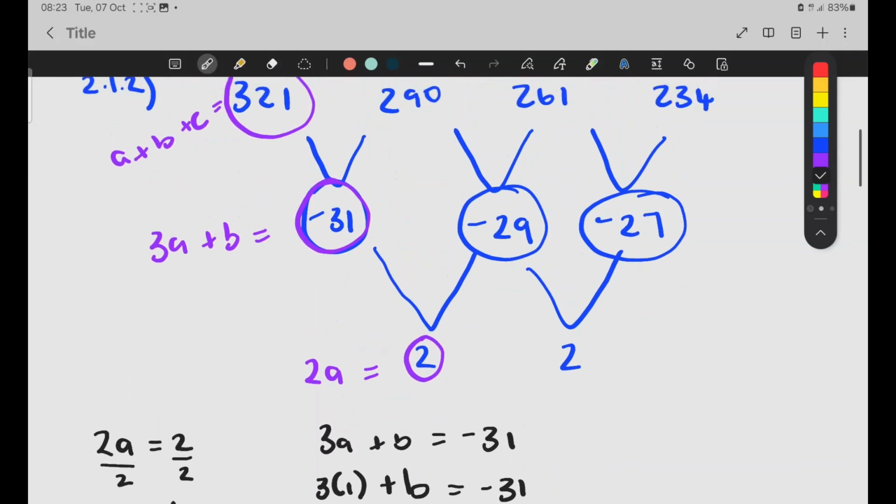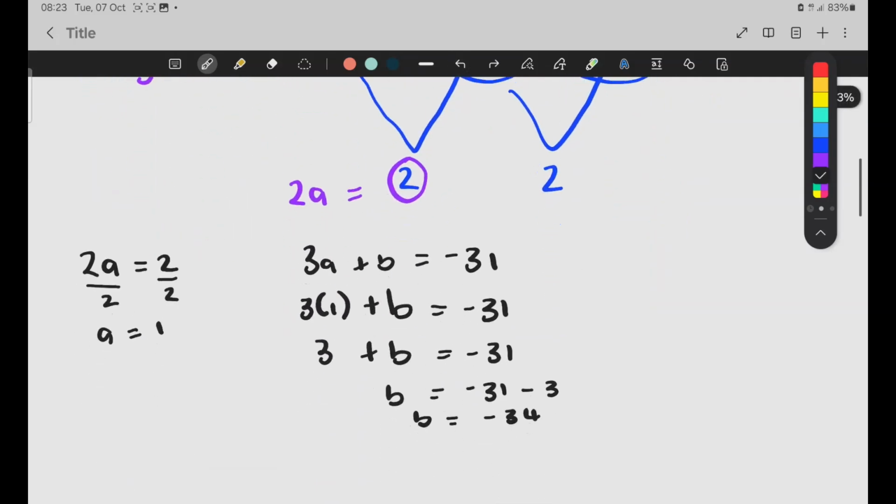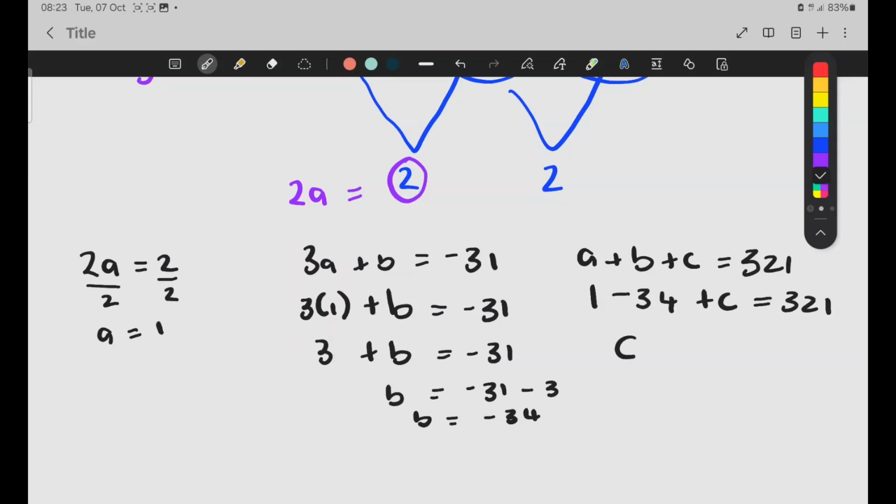Okay, and then I do the last part. a plus b plus c is equal to 321. But remember, a was 1 and b was minus 34, plus c is 321. So c is 321 minus 1 plus 34.